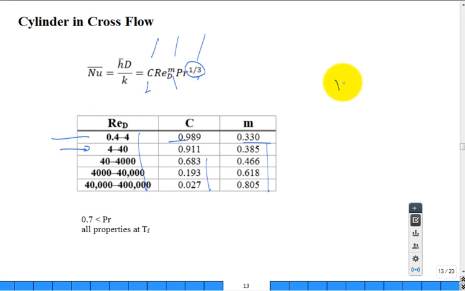Let's take a look at the range of M. What's the minimum M you see in this whole thing? About a third. What's the maximum? About 0.8. And you'll see a lot of 0.8s, a lot of 0.5s, and some 0.3s. But if somebody comes in with a correlation that says, oh yeah, I curve fit and this M is 0.01, you know what I'm going to do?